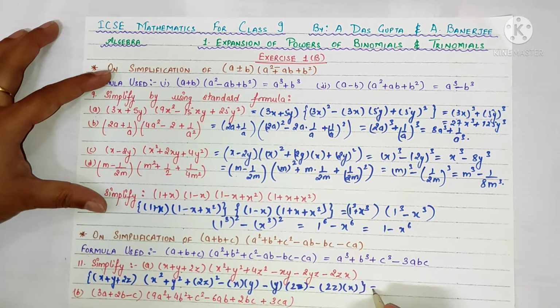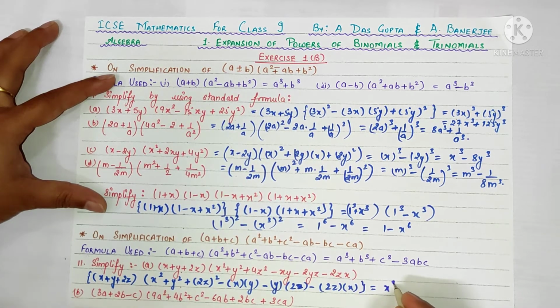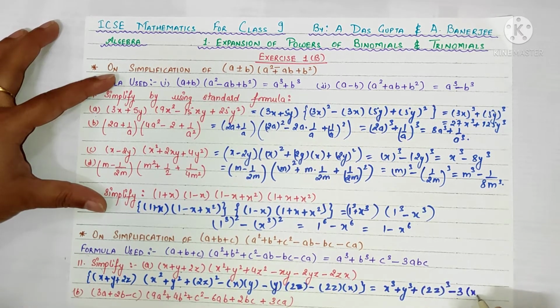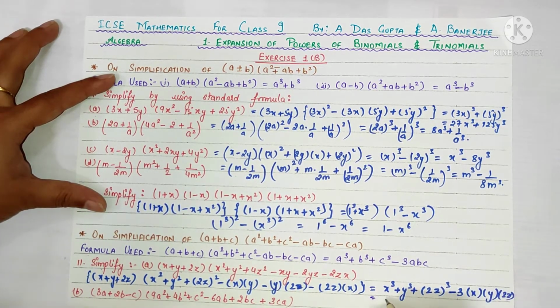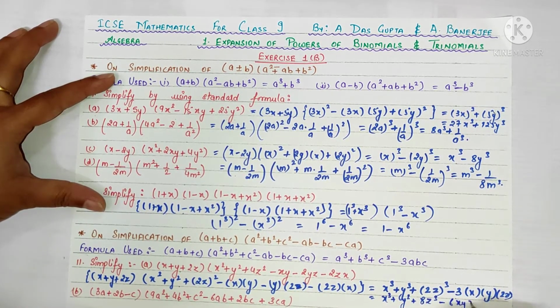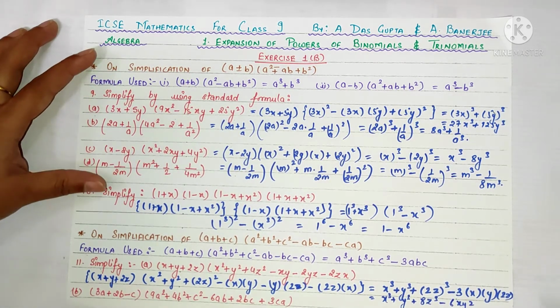So in all we'll get this as x cube plus y cube plus (2z) whole cube minus 3 into x, y and 2z. So on simplification we'll get x to the power 3 plus y cube plus 8z cube minus 6xyz. I hope you understood this.